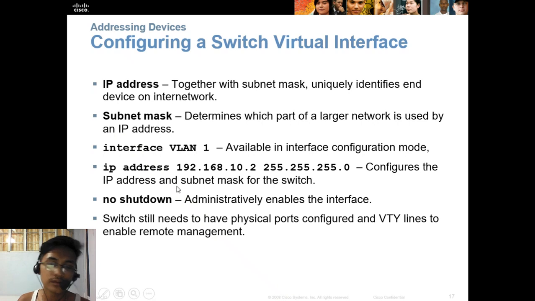So this is used for setting up the IP address and subnet mask for the switch to be able to connect with other devices. No shutdown: the administrator enables the interface. The switch still needs to have physical ports configured and VTY lines to enable remote management.